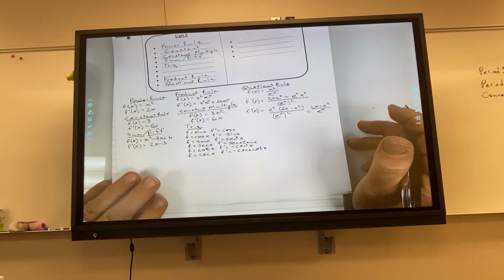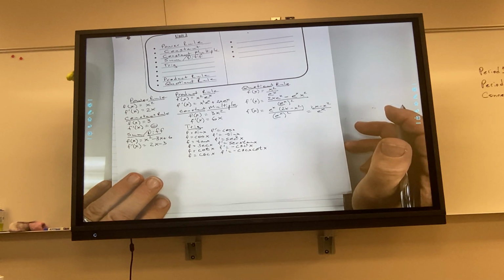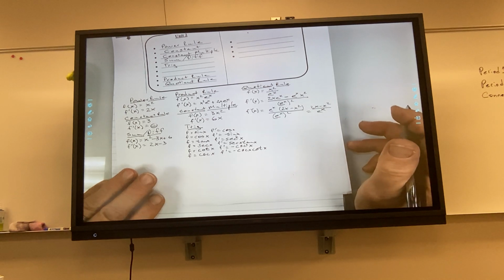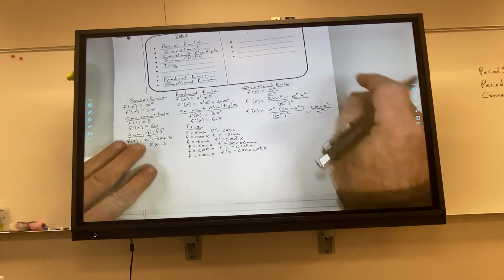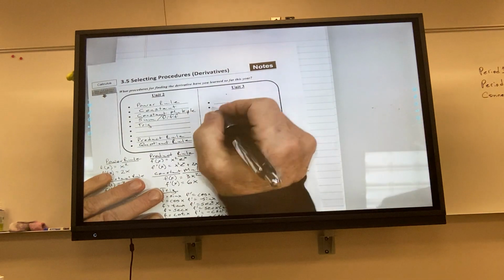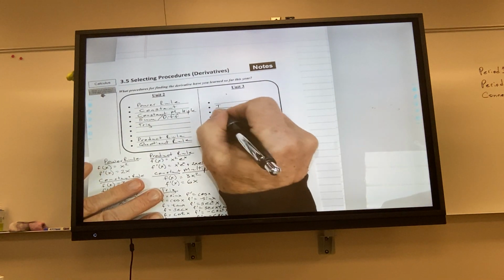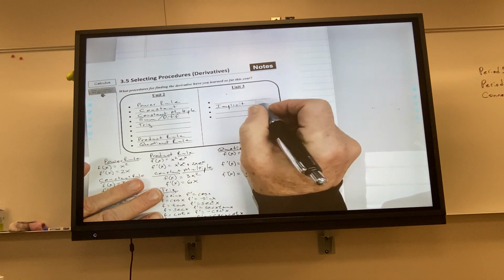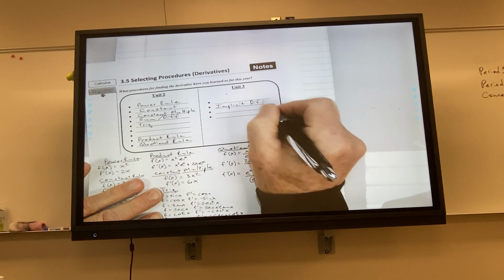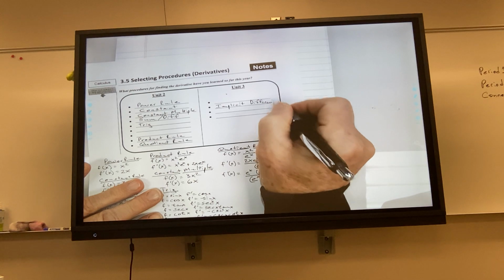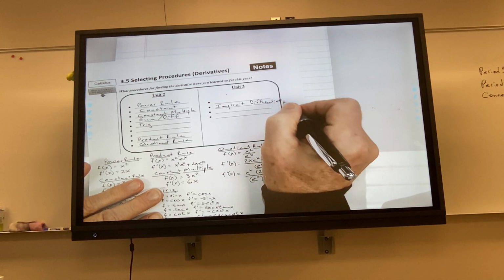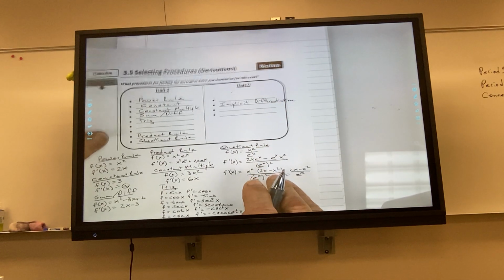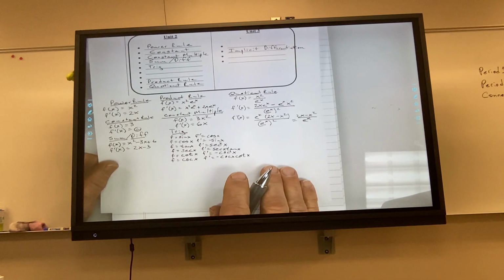Audrey. Implicit differentiation. I didn't hear you. Implicit differentiation goes over here. It's a big word. All right, and here's the one that I picked for that.